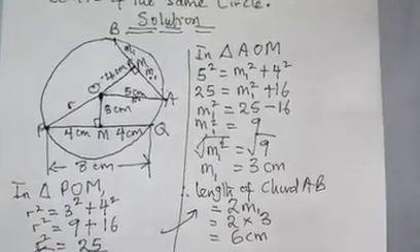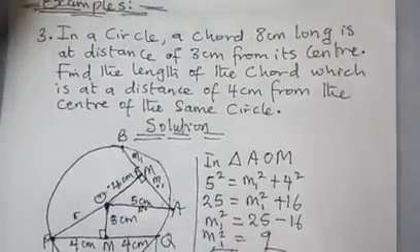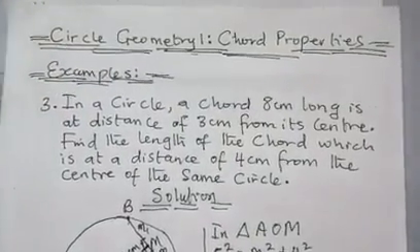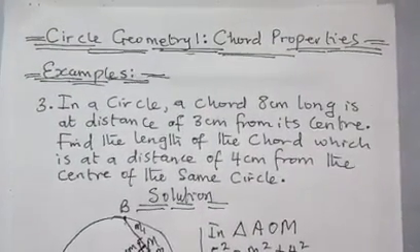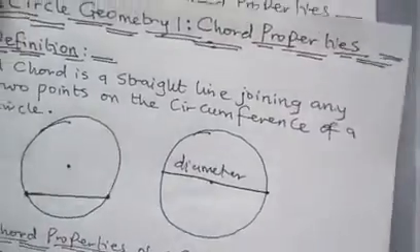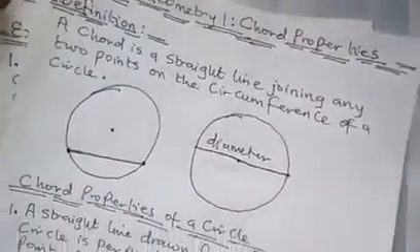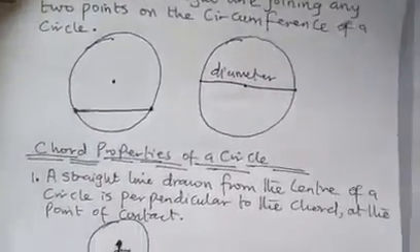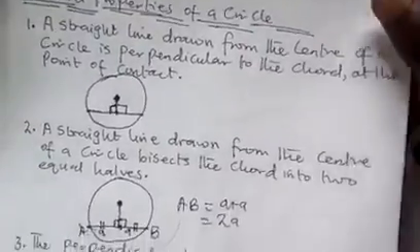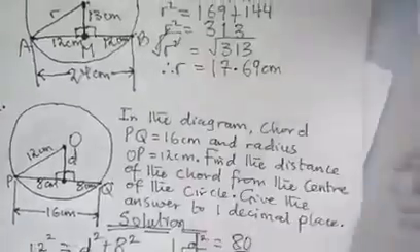Now that brings us to the end of this lesson. Quite interesting, and I'm sure you actually enjoyed this lesson. We started out by looking at lots of examples. We gave the definition for what a chord is, and then we went on to look at the chord properties, which are 6 properties we are given.